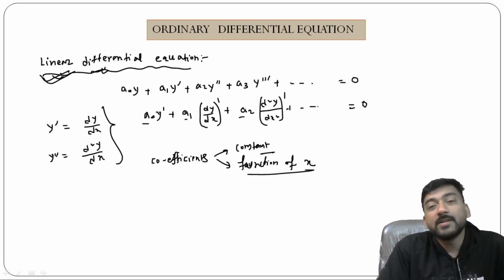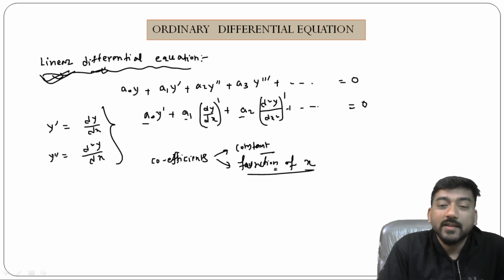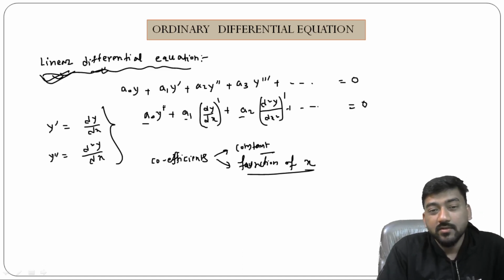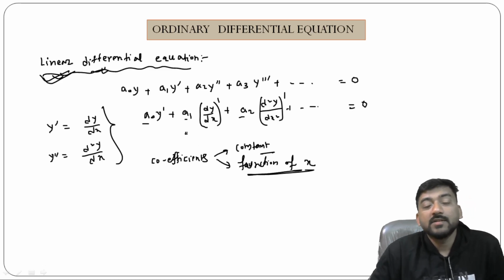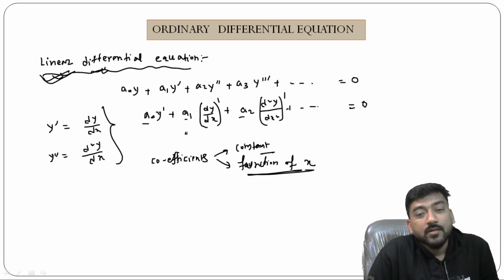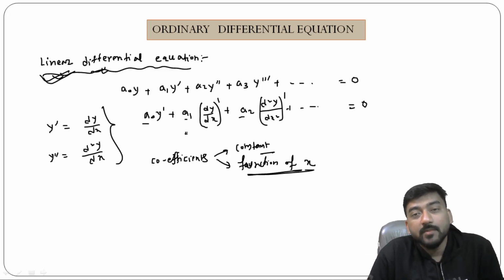But a linear differential equation is also of two types. One is a linear differential equation with constant coefficients, and another is with variable coefficients. If a0, a1, a2, a3 are functions of x, then that differential equation is called a differential equation with variable coefficients.